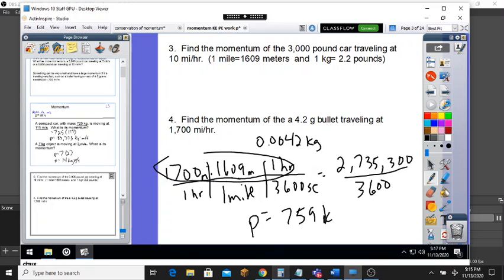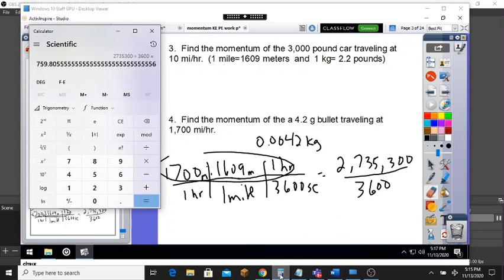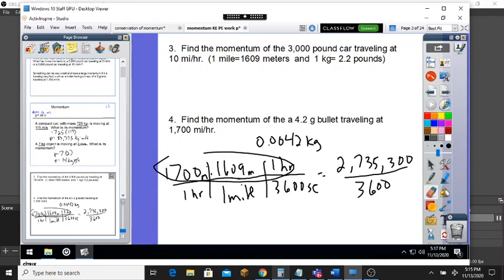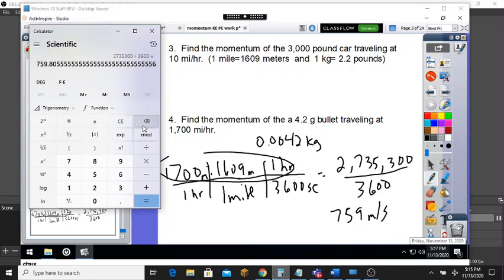Oh, wait a second. This is the velocity, so that's not the answer. 759 meters per second. Okay, so now we're going to do mass times velocity, right?